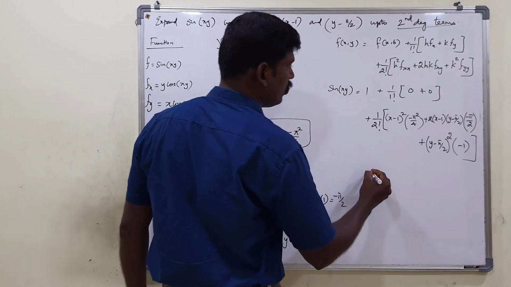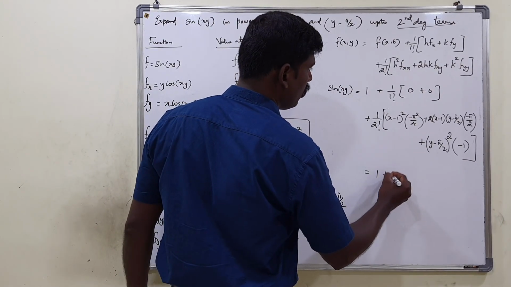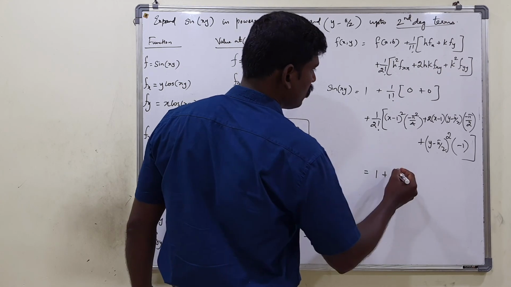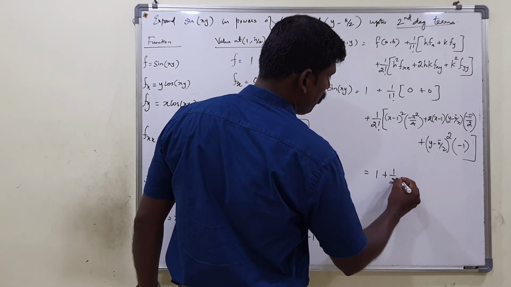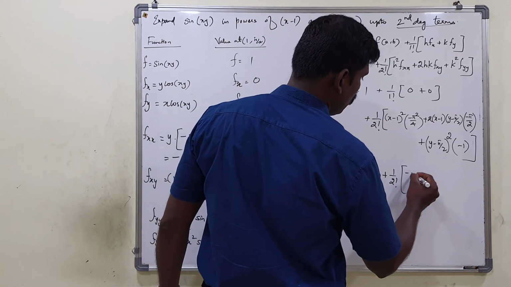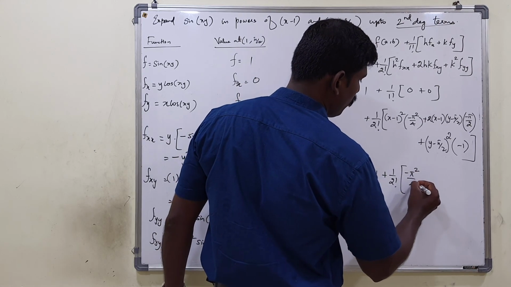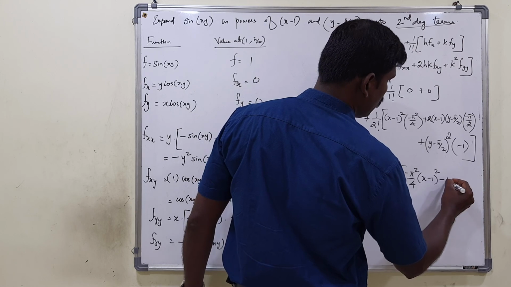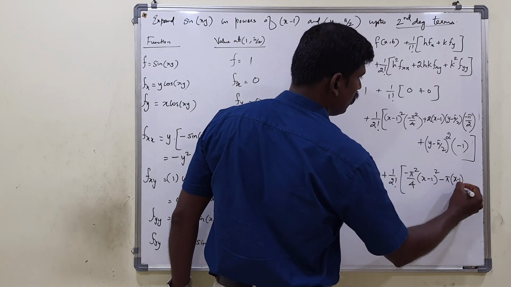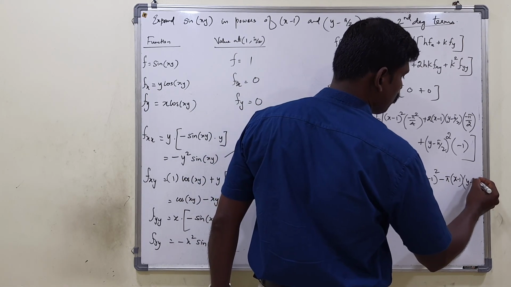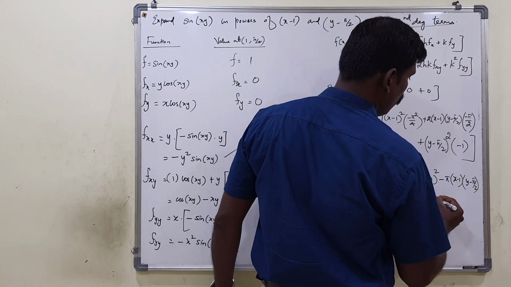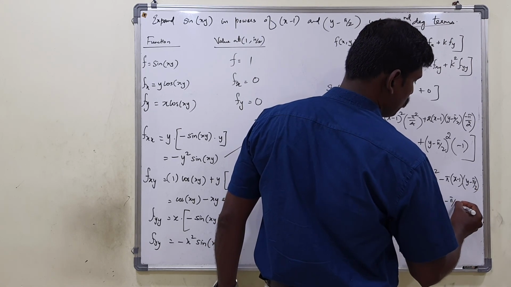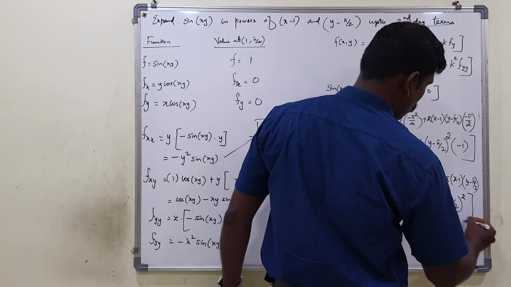That's all. So that is equal to 1 plus 1 by 2 factorial into minus pi square by 4 into x minus 1 the whole square, minus pi into x minus 1 into y minus pi by 2, minus y minus pi by 2 the whole square.